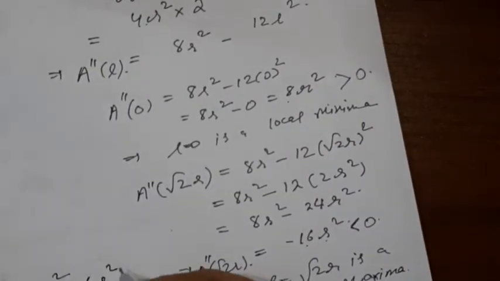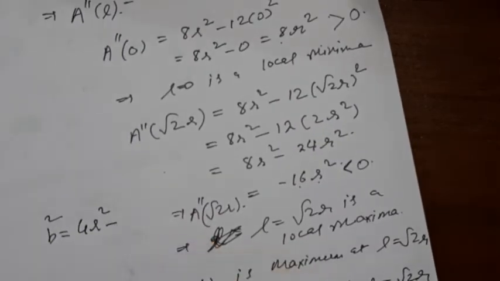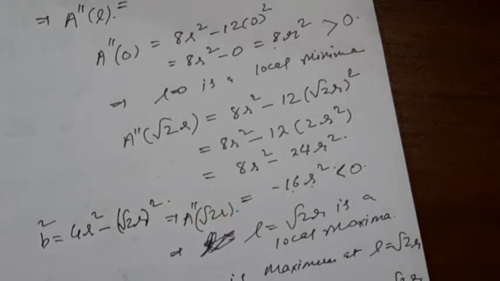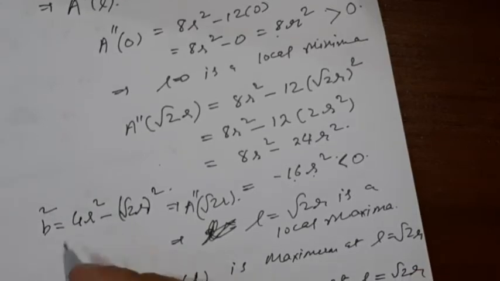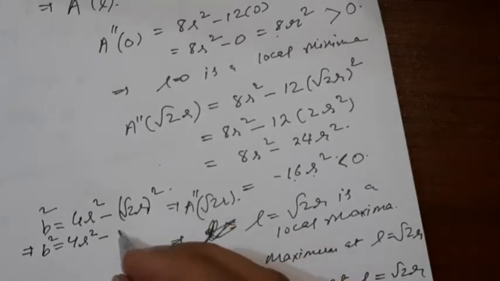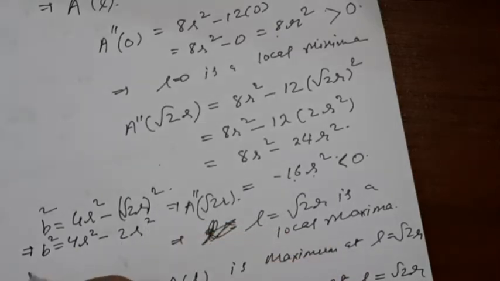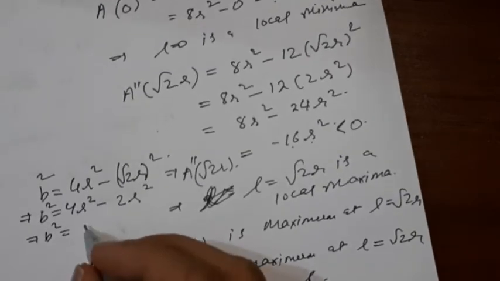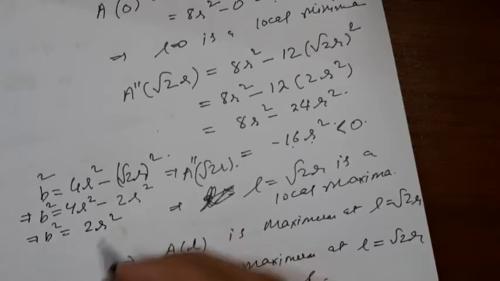So b square is equal to 4r square minus root 2r the whole square. That means b square is 4r square minus 2r square, which is 2r square.